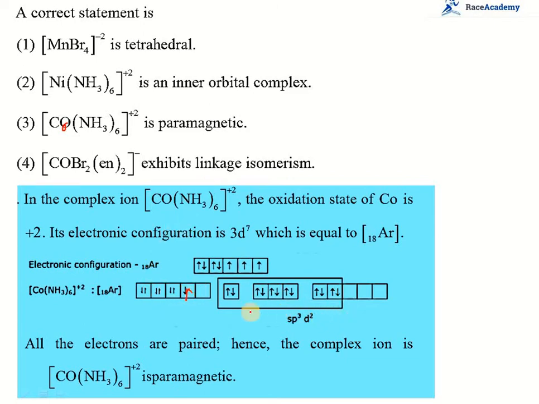That's why it is taking the orbitals from the outer level, that is sp3d2 hybridization, giving paramagnetic behavior. Because of this one unpaired electron in this electronic configuration, this is paramagnetic.